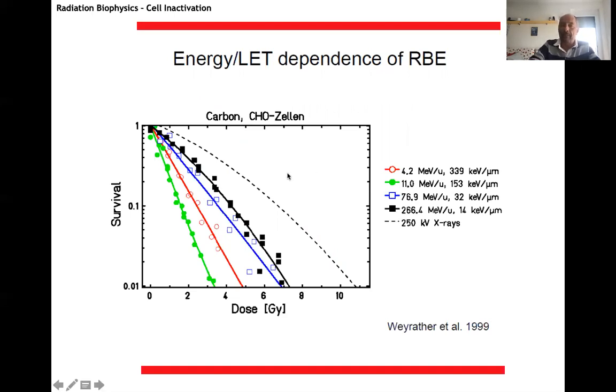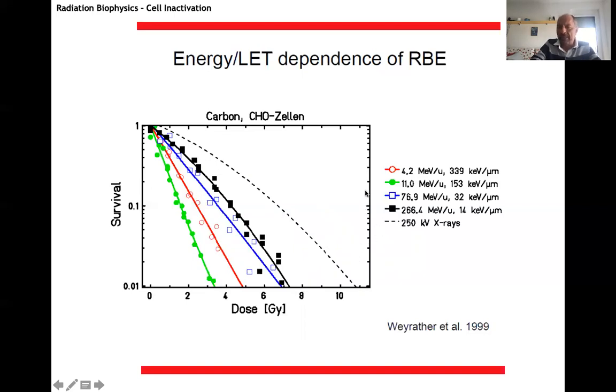This is an example. These are carbon ions, Chinese hamster ovary cells, irradiated at different doses. Each curve here represents a different energy, and the dotted line is the X-rays reference curve. So you see carbon ions at these energies are always more effective than X-rays. But note that there is something a little bit strange here.